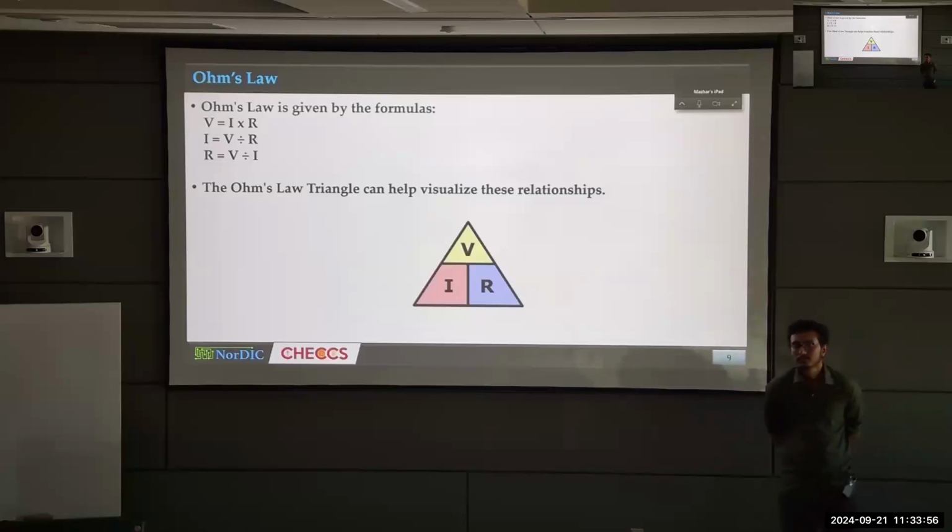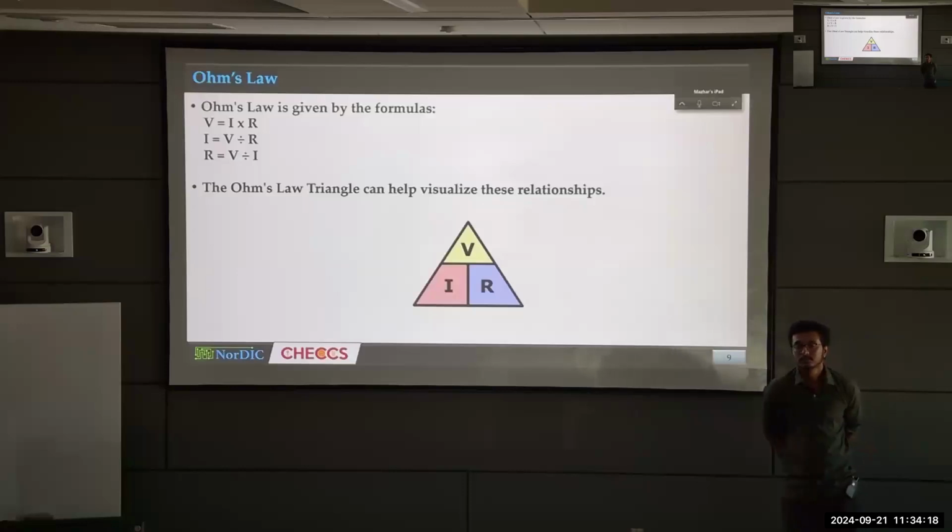And he found the same thing, always constant. V divided by I for this material is a constant too. It's different from aluminum, different from copper, different from gold, but it's always constant. When you measure the voltage and the current, it's always a constant relationship.